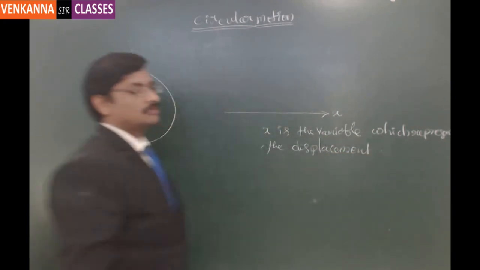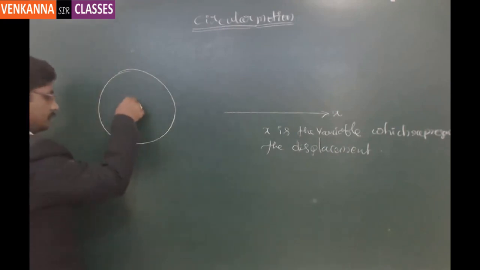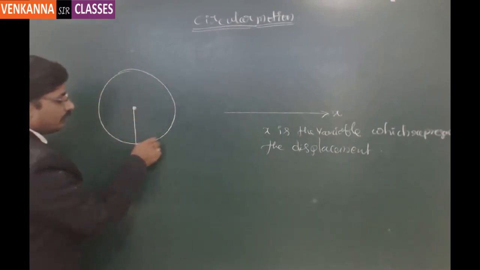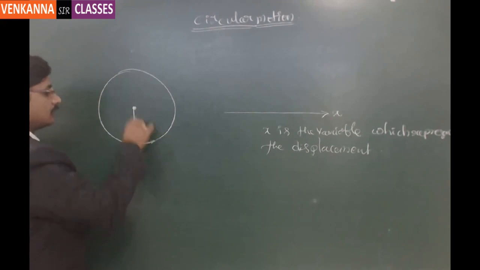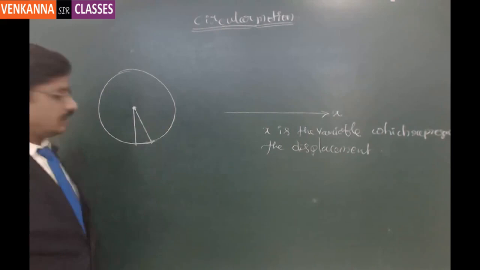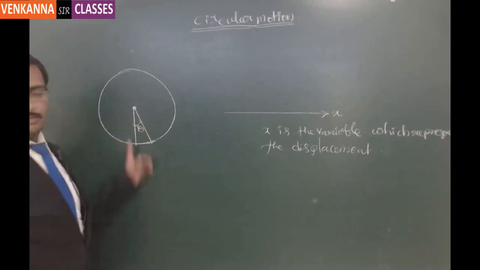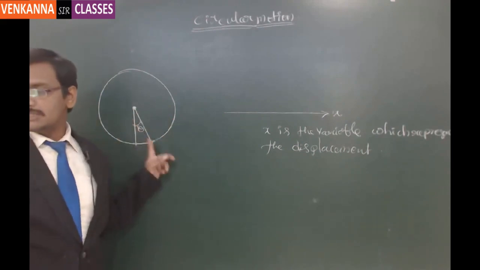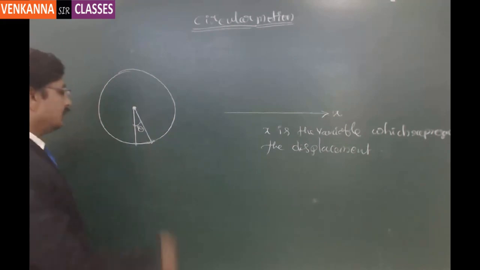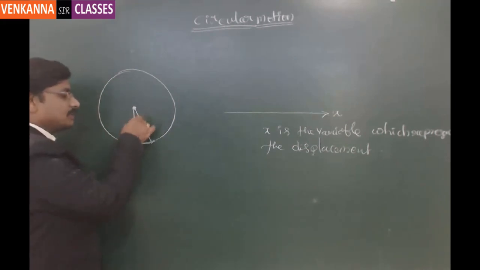Now in circular motion, suppose a particle started moving in this particular direction. If you look from the center of the circle, there will be a change in the angle, and there won't be any change in the radius or the distance from this location. Being a circle, this distance is maintained constant and the angular displacement changes.